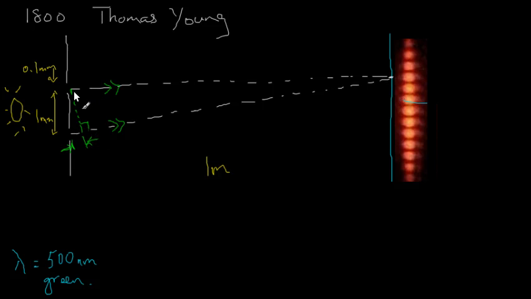Since this is nearly parallel, both of these angles would be almost right angles, and this would be approximately a right angle as well. So this would be very close to the difference between the two lines, and this distance has to be a whole number times a wavelength.